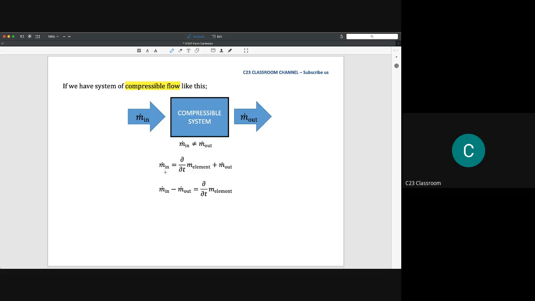So we write m dot in, mass flow rate at inlet, is equal to the change of mass inside the system plus mass flow rate at the outlet. Again, this can be rearranged, and we could write m dot in minus m dot out equal to dm dt. This is the basic idea of how to remember this equation. Okay, this is the final idea for incompressible and compressible flow.